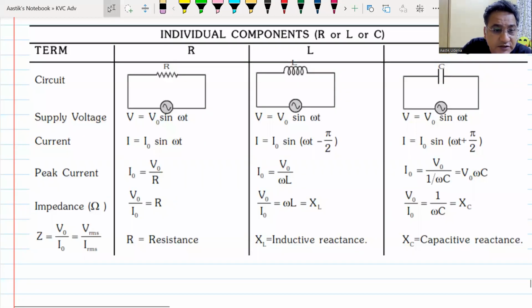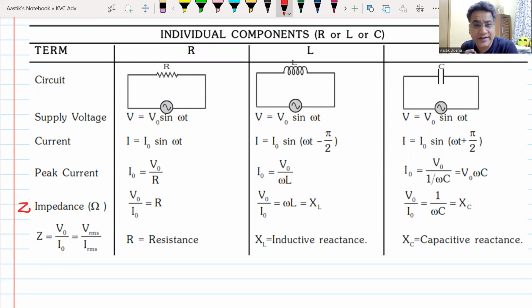So this is the first part of this: pure R, pure L, pure C. You can see these voltages and you can see this current. Now remember, whether it is resistance or reactance, they are all part of impedance.